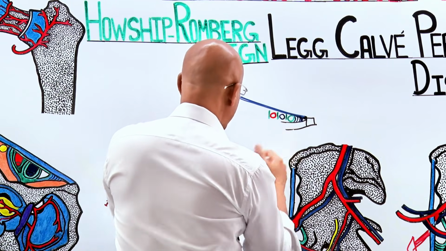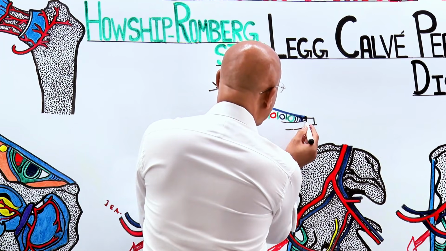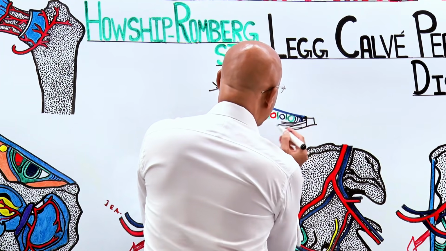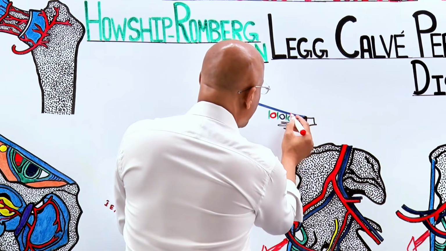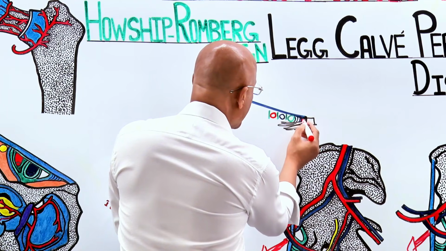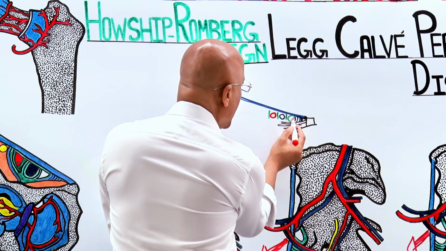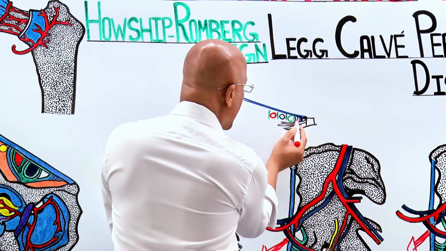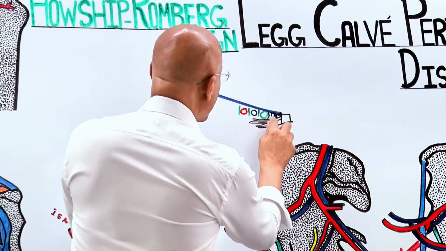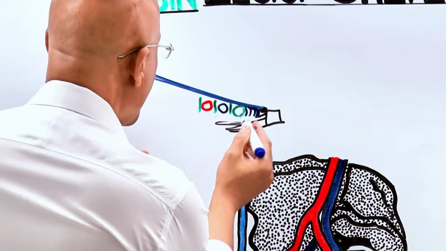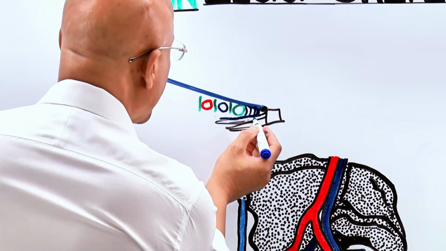But what is this? This is the superior pubic ramus. Now what I want to tell you is that from the inguinal ligament, these reflected fibers are making the lacunar ligament, which is making the lateral wall of the femoral canal, and some of these fibers continue on the top of the, what is this?